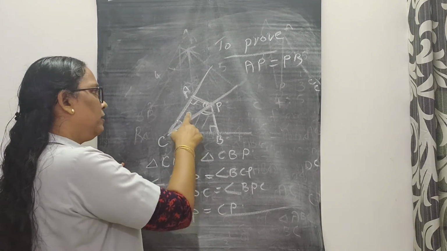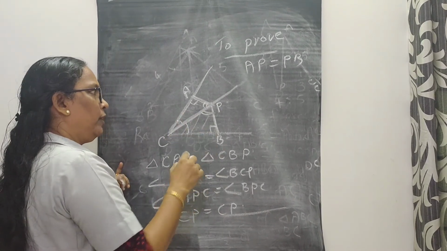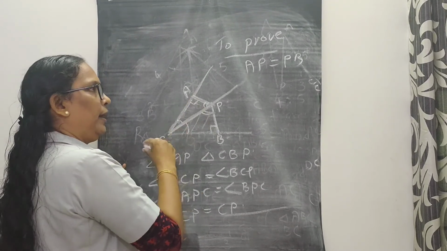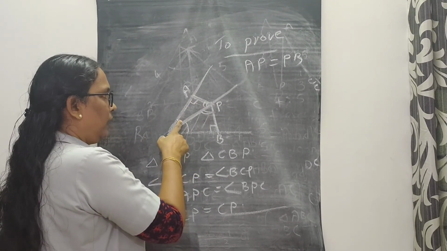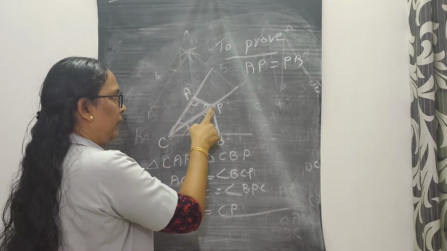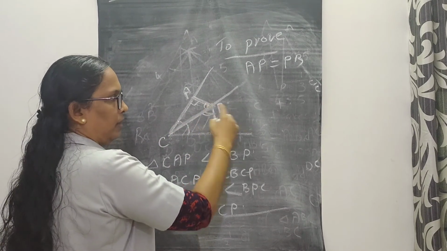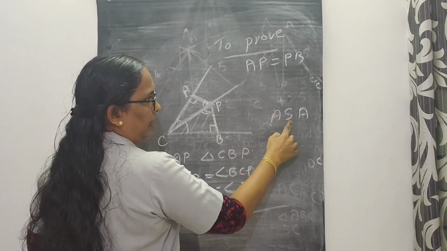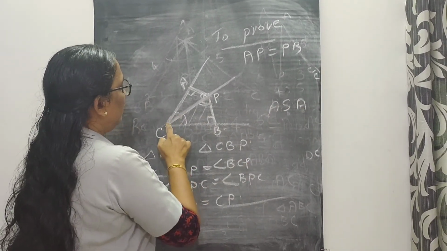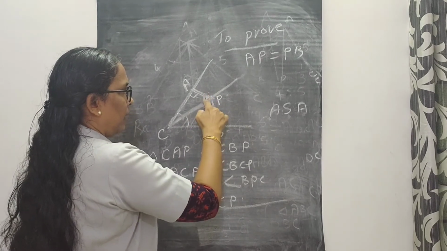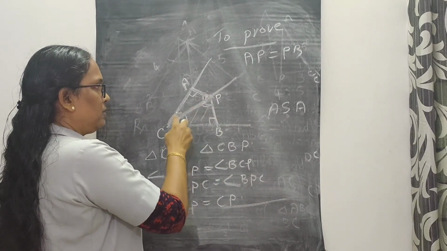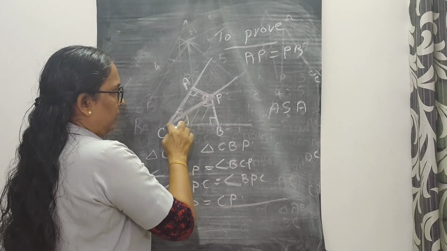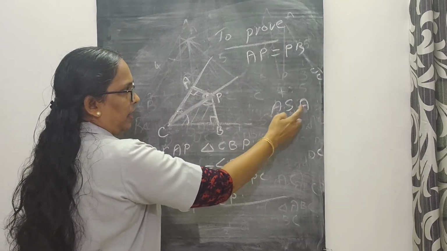So, using which property can we prove these two triangles are equal? Yes, ASA property. Angle, side, angle. This angle and this side and this angle, that is the angles at the ends of this line, that is the ASA property.